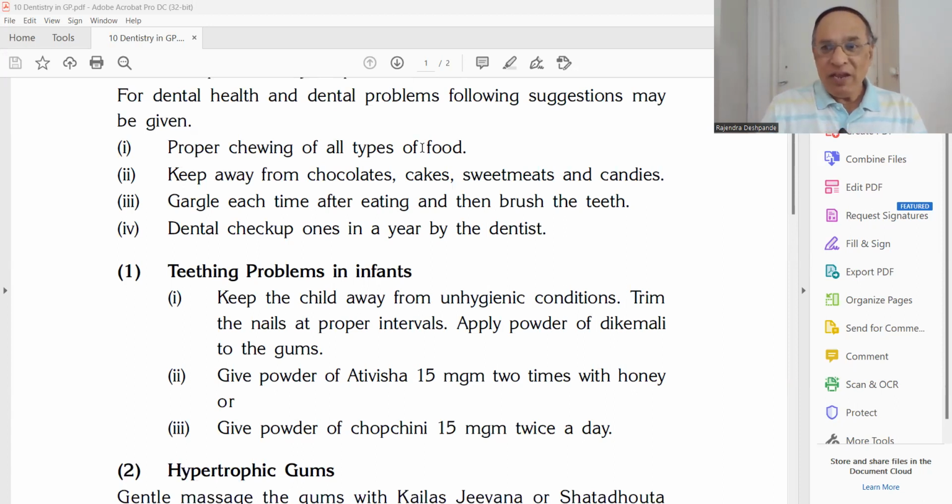Keep away from very sweet substances like chocolates, cakes, soft meats, and candies, because we do not take proper care immediately after eating. Personally, very frankly, very rarely does a doctor admit his mistakes, but I am a transparent person.